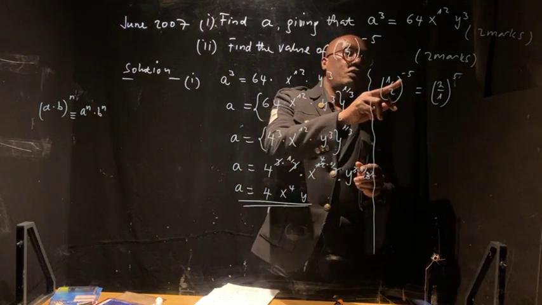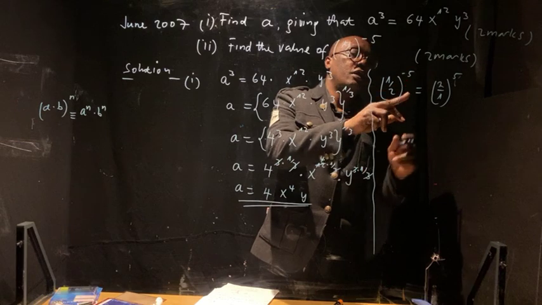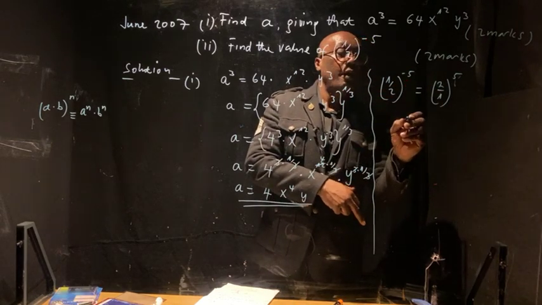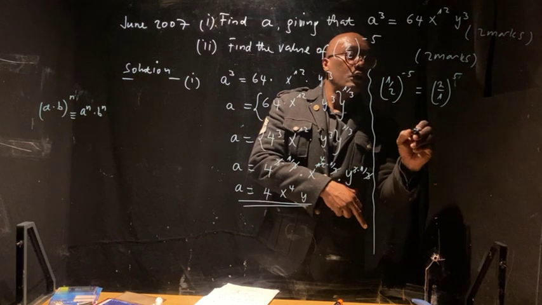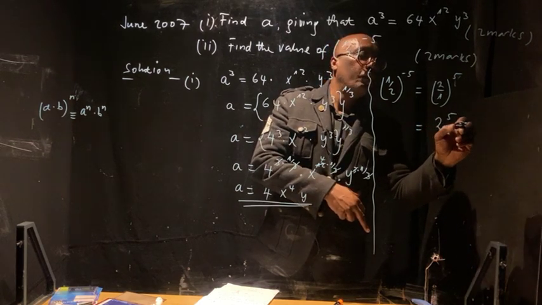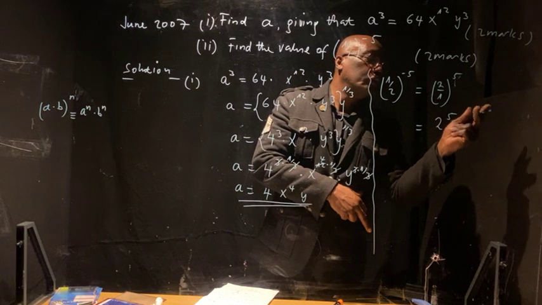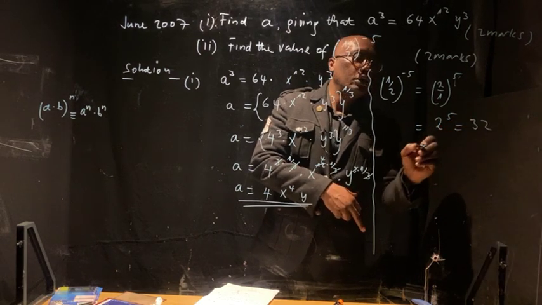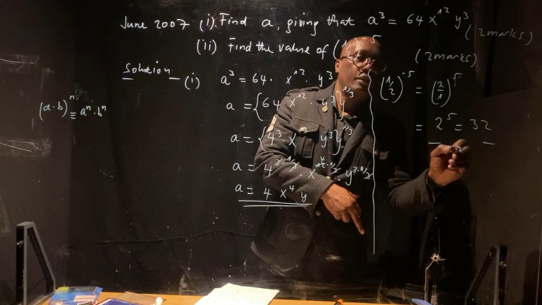To do away with the negative index, you reciprocate the fraction. So it becomes 2 raised to the power 5, which is no different from 2 times 2 times 2 times 2 times 2, which equals 32. So this is the answer.